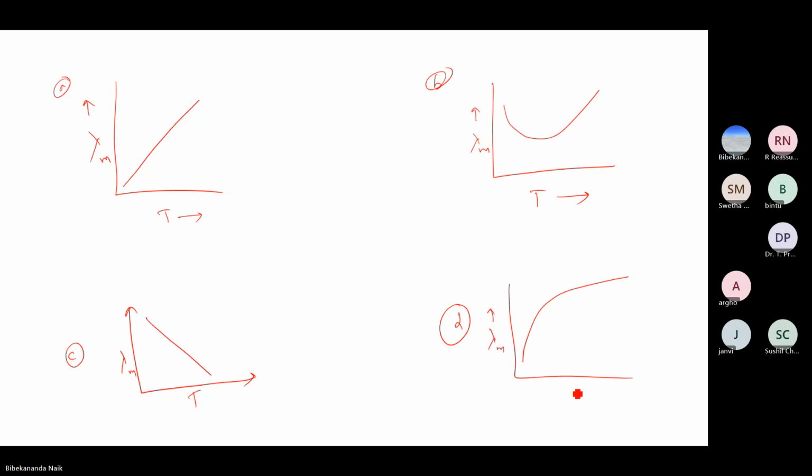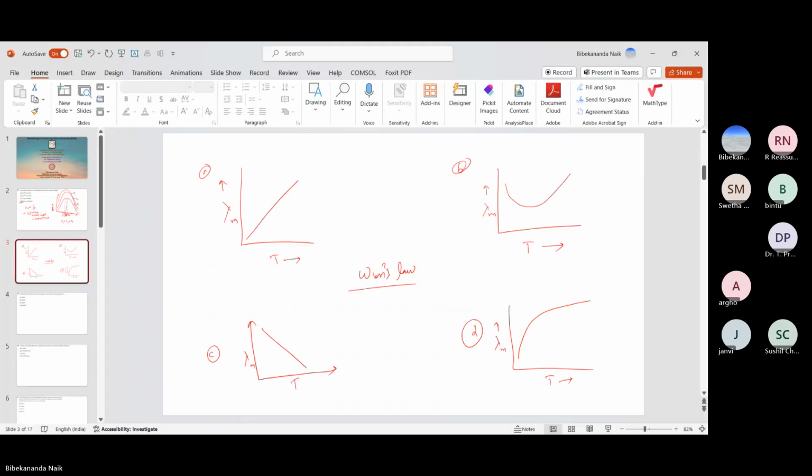Lambda m and T. So can anyone tell me, according to Wien's law, which graph denotes the relationship between lambda m and T? Yes, anyone?